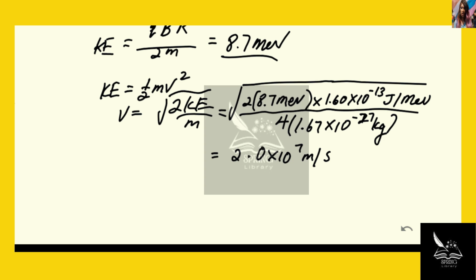Now, considering the deuterium case, same thing, we're going to use the same kinetic energy equation. But in this case, you see that for deuterium, the charge isn't changed. It's still plus 1e. So there's no change in the charge, but the mass has been multiplied by 2 because deuterium contains 2 nucleons.